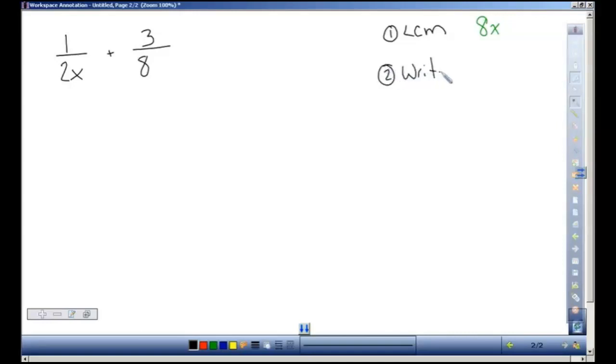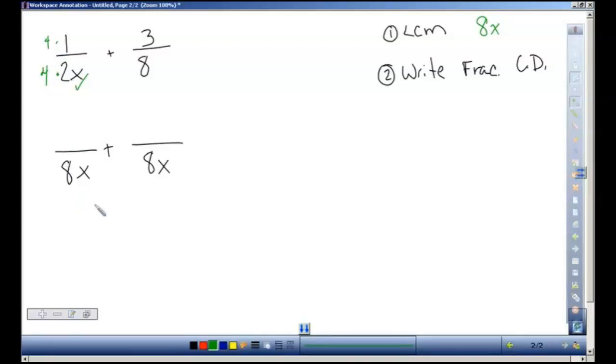So next I need to write my fractions with a common denominator. All right. So I know these two fractions are going to have 8x on the bottom. But I have to ask myself, how did they get there? What did I have to multiply them by? So I look up here, 2x, it had the x, that was taken care of. But it didn't have 8, it had 2. The only way I would have gotten that is if I had multiplied it by 4. If I put it on the bottom, I've got to put it on the top. What was I missing?